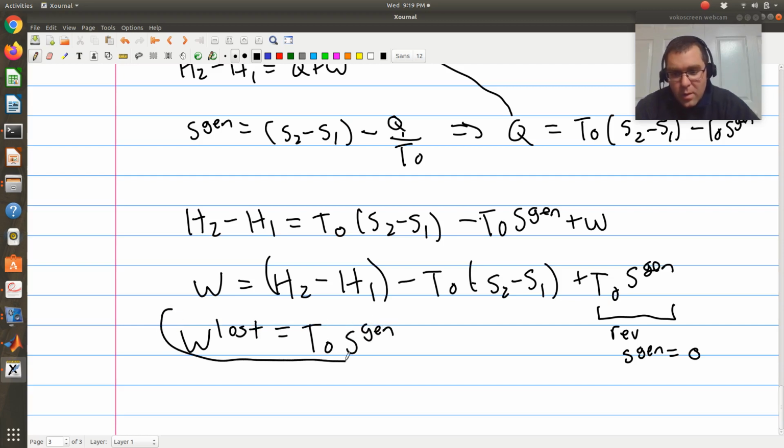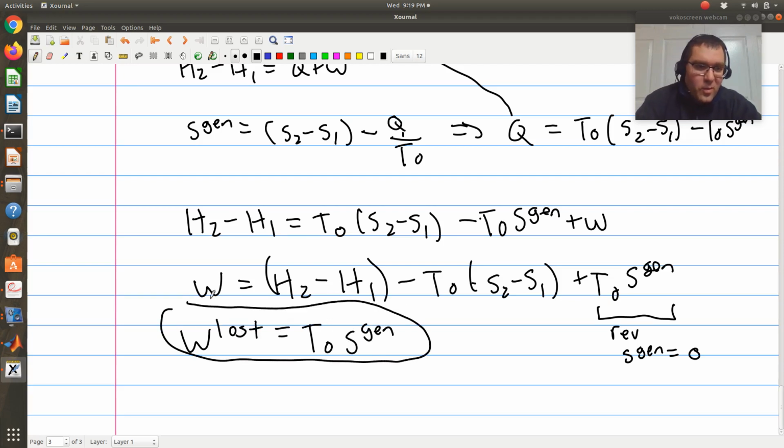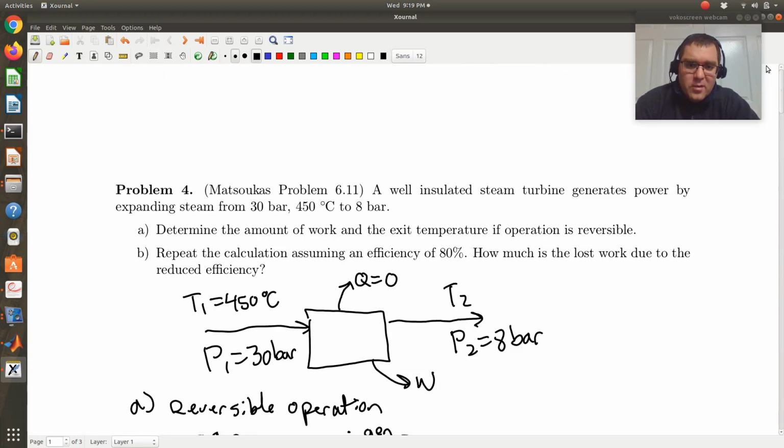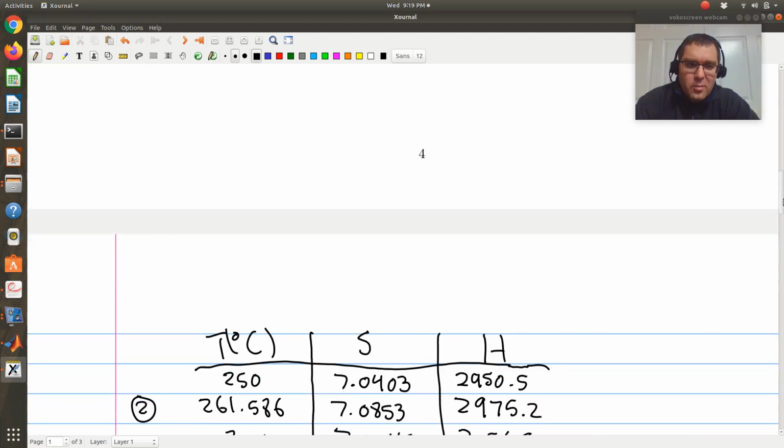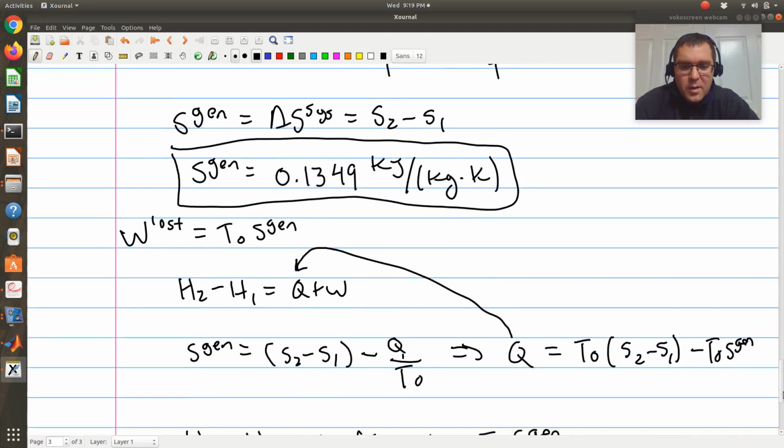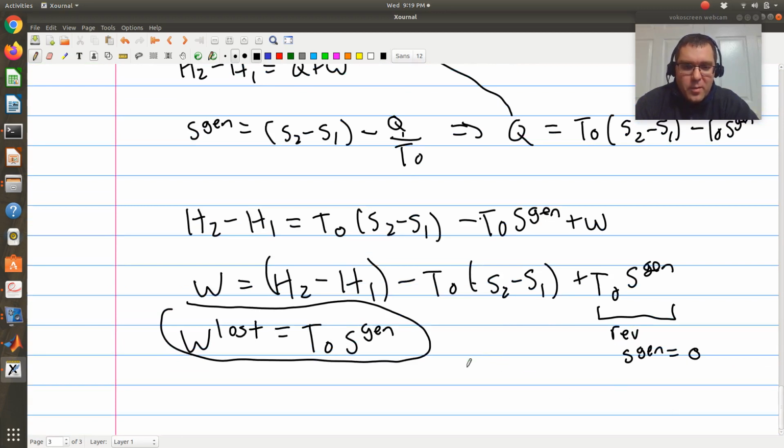Where I was having my moment in my head was thinking about this equation. The challenge is our system is adiabatic, so there's no heat exchange with my bath, and we're not even told what the temperature of our bath might be. But I think the key is that the conditions of our inlet and exit are pinned down, so this would be the reversible work, and they attribute this to the lost work.